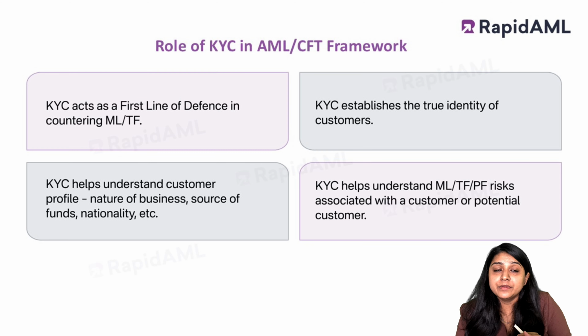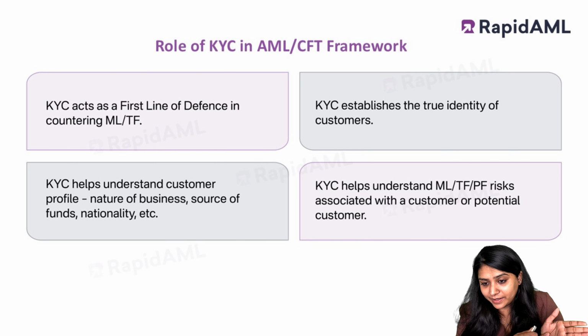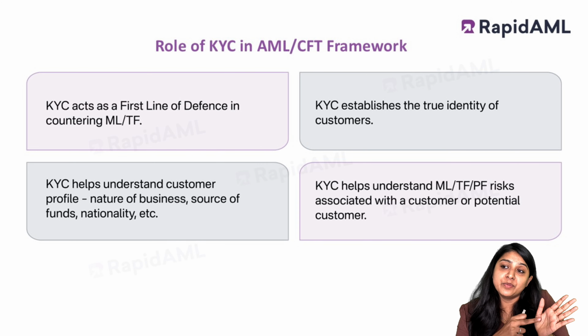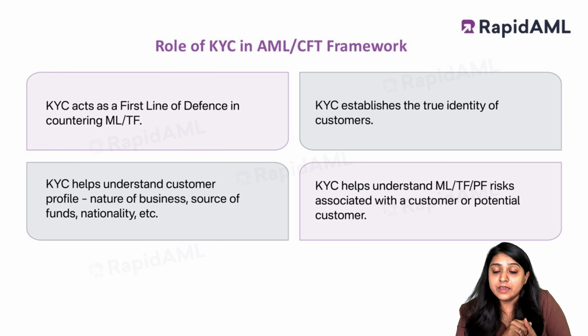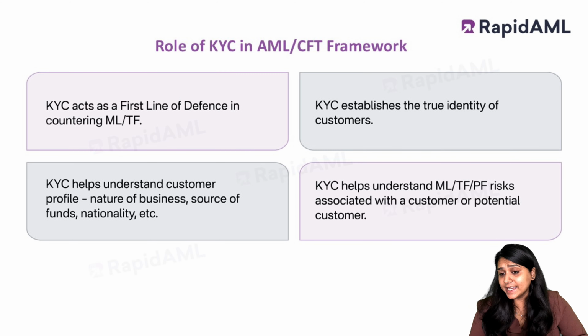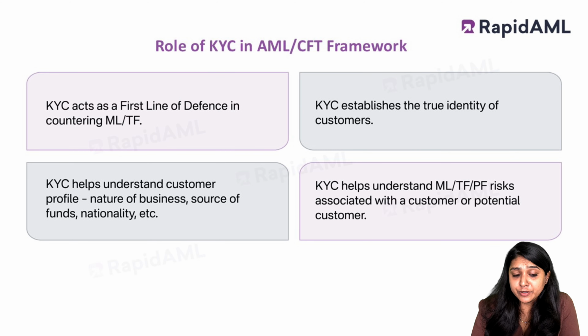They are going to help you identify who you are dealing with. If I'm Dipali and I say I'm Dipali, then I have my proper ID proof also, that my name is Dipali. That is how you establish the true identity of a customer. If you have corporate customers, that will help you identify them through the ID documents that they share. Legal persons or corporates will have a trade license copy and certificate of incorporation.